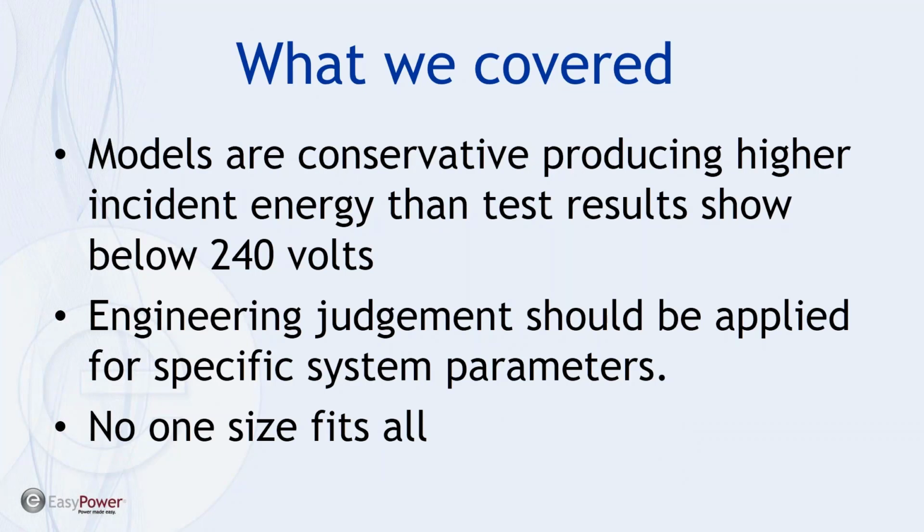It is encouraged that sound engineering judgment be applied based upon specific system parameters, rather than a one-size-fits-all approach. Understand what your system limitations are and whether or not you need to make adjustments either on a global basis or a local basis.